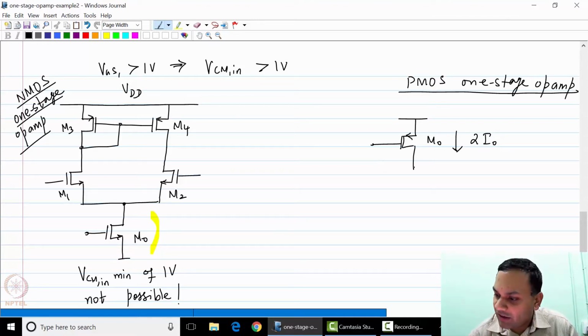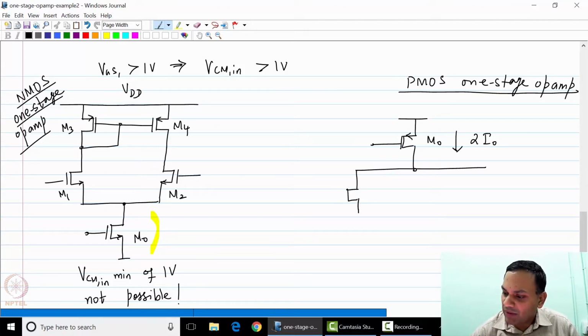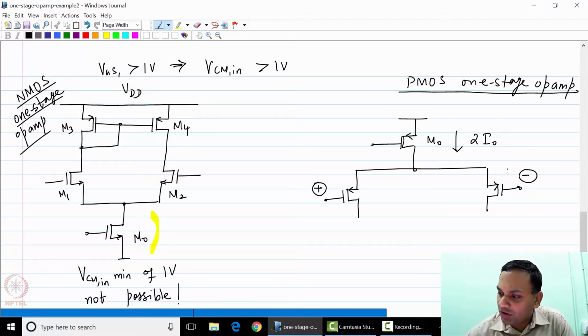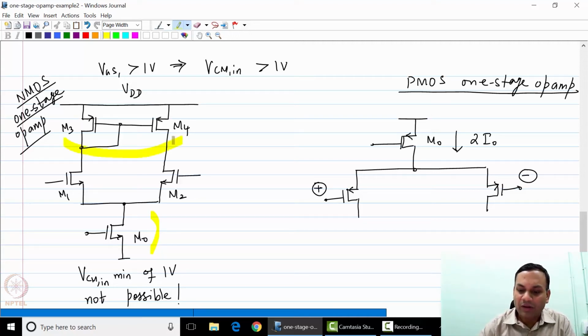Now this particular circuit will also have a PMOS input pair, and let us say this is the positive input and this is the negative input, and now the PMOS current mirror here would be replaced with an NMOS current mirror.